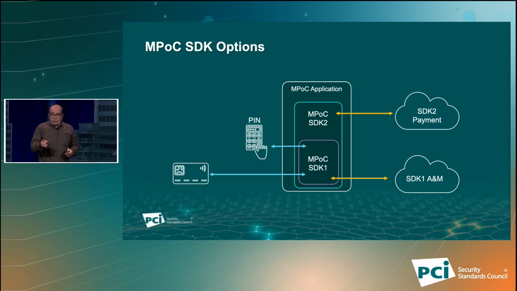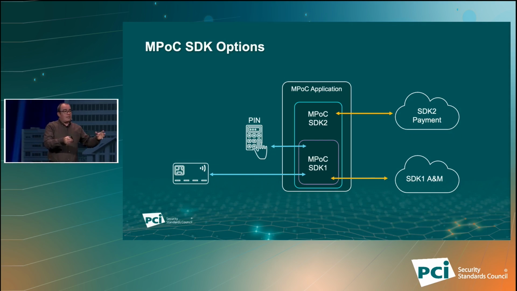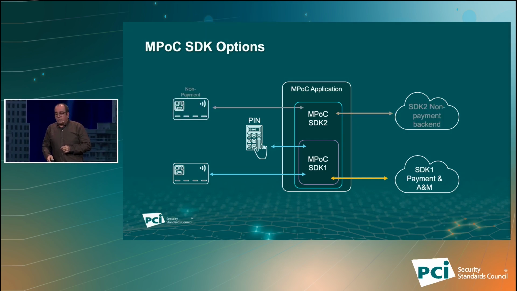But equally, you might have something where there's one A&M that is being supported, because these features might be provided by a completely integrated MPoC software product, or they might be provided in a way where there is a separate A&M service that supports both MPoC software products, and so there's only one A&M backend. Still need to have a payment implementation in there as well. But you know what? You could also have an SDK that is not doing additional payment functions.